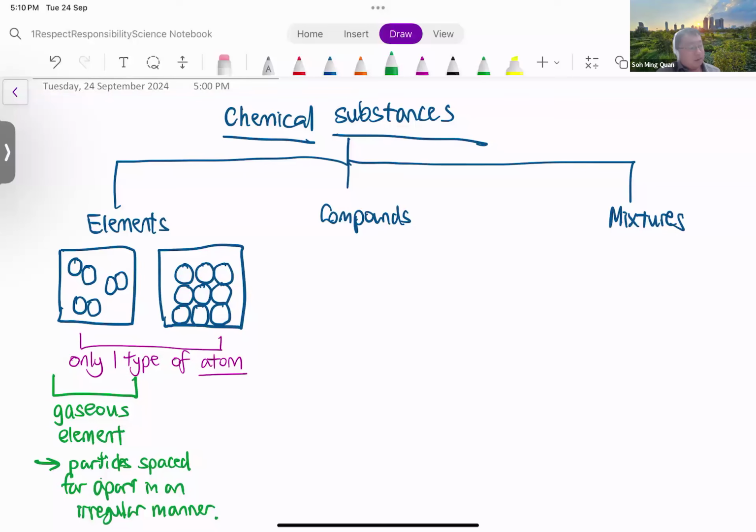On the other hand, the one on the right is a solid element. So just based on the particle arrangement, not only can we tell it's an element because there's one type of circle, one type of atom, we can also tell the state of matter, gaseous or solid.